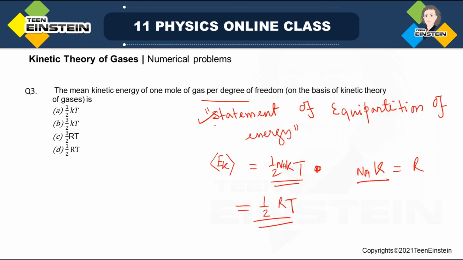We had said each degree of freedom per molecule is half. So the average kinetic energy per degree of freedom per molecule is half kT.